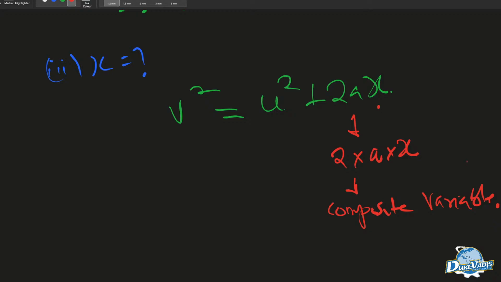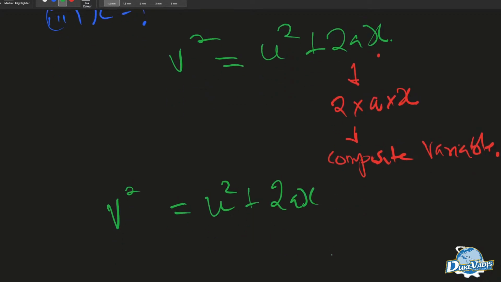Now that we have that at the back of our mind, we know v squared is equal to u squared plus 2ax. And now to be able to let 2ax stand alone, I have to subtract u squared from here and subtract u squared from here. So that I'll get v squared minus u squared is equal to 2ax.